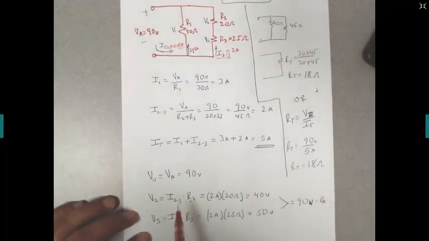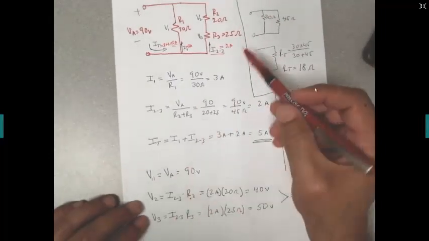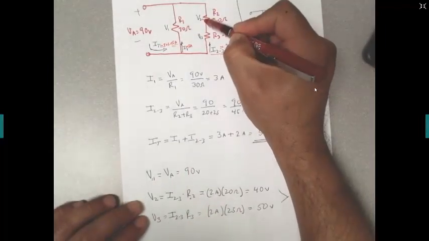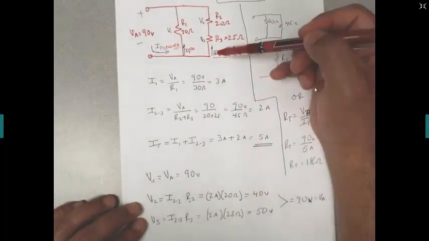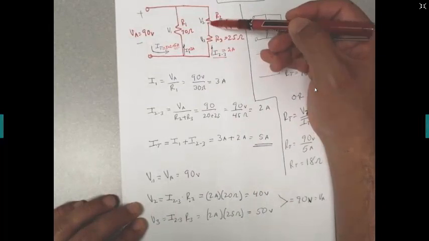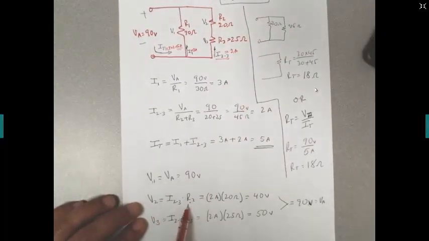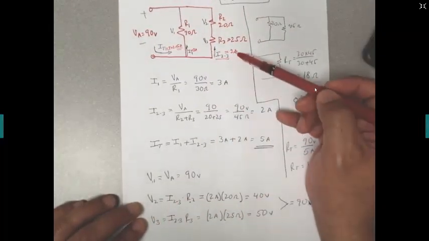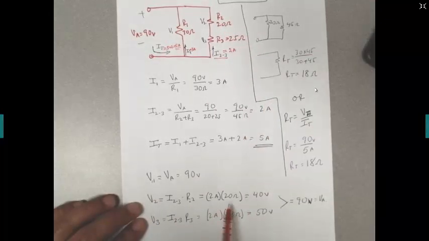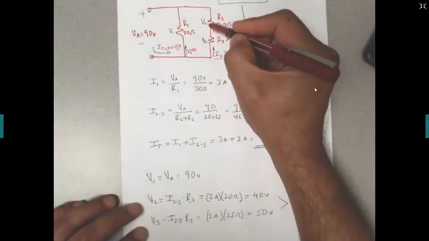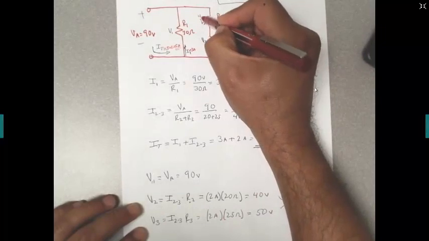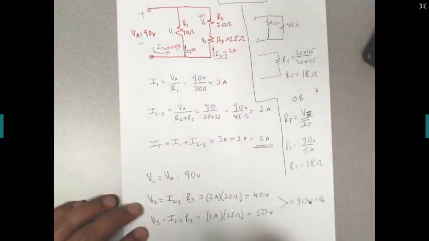But let's do it by parts. So the voltage V2, the voltage on this resistor, is going to be the current, which is the same current across both resistors, times the resistance. So the current is 2 times 20, that gives you 40 volts. So that would be 40 volts across this resistor.